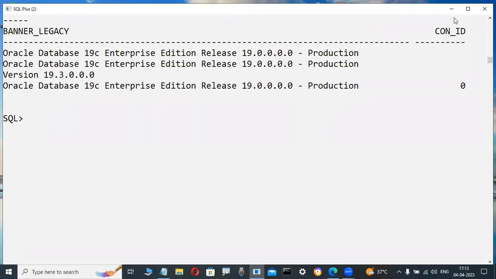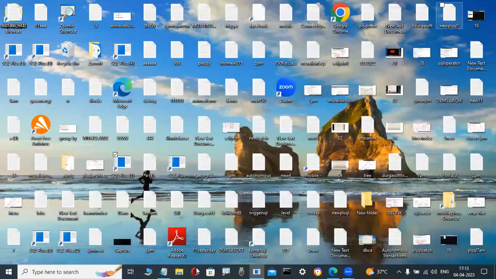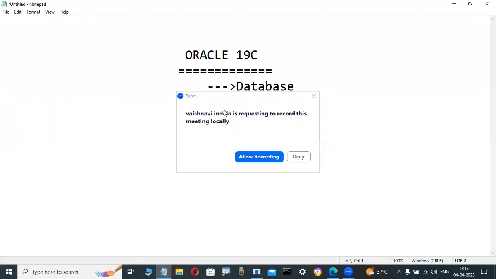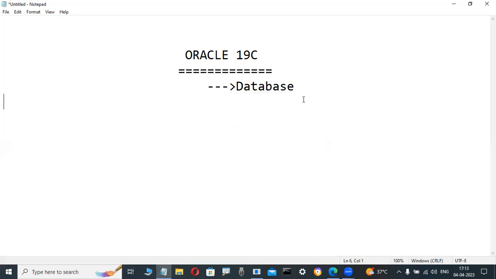What is the purpose? To store data permanently. Suppose today I'm storing some data or information. After 100 years also, when I view it, that data is available. Permanently storing. Not only storing, there are so many other things. The main purpose of installing these database softwares in your system is to store data.